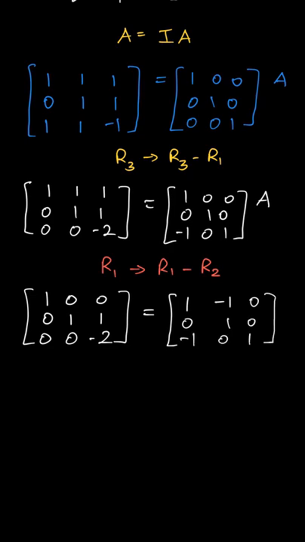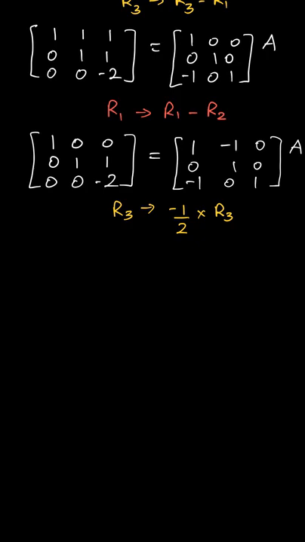Now we have to change row 3, where we will have minus 1 by 2 multiplied by R3 such that this becomes equal to 1. So there will be no change in the other rows, and here we will have 0, 0, and 1.